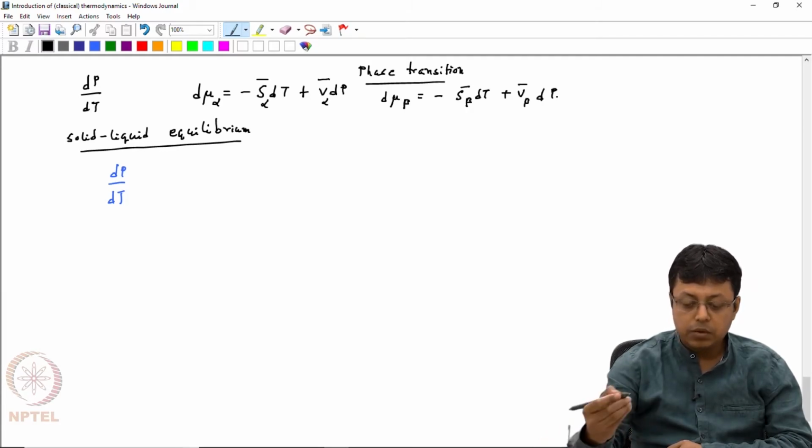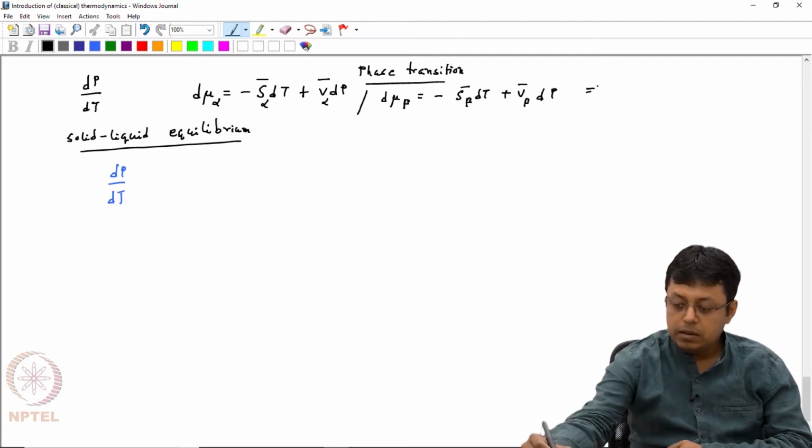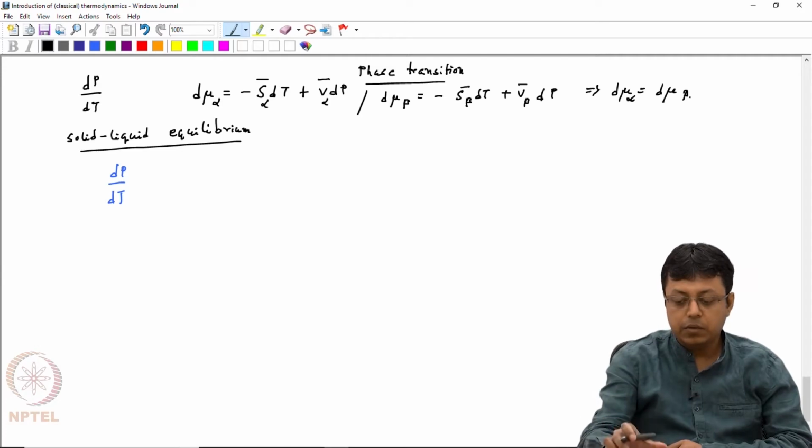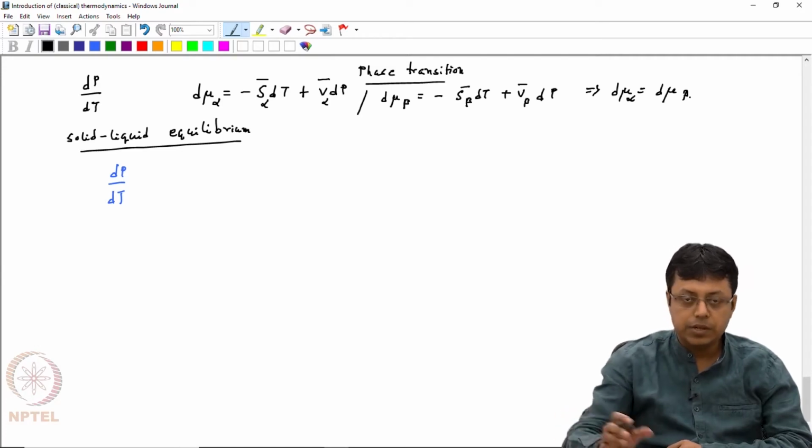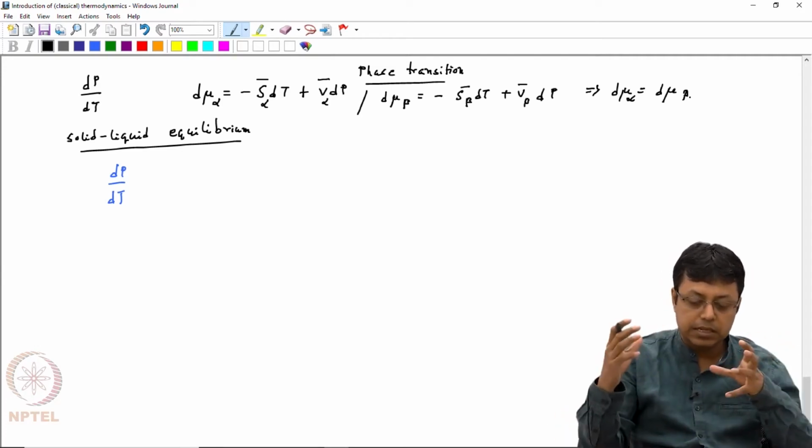And at the equilibrium, we know that d mu alpha is equal to d mu beta, and from that you can equate these two equations, and collect the dp terms and the dt terms.